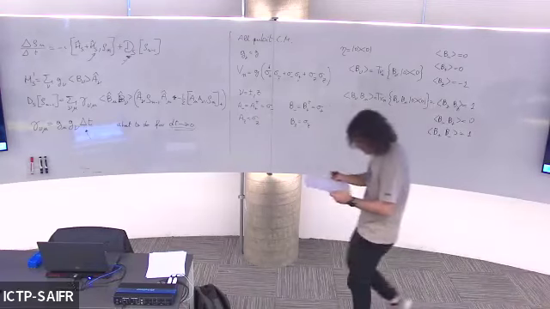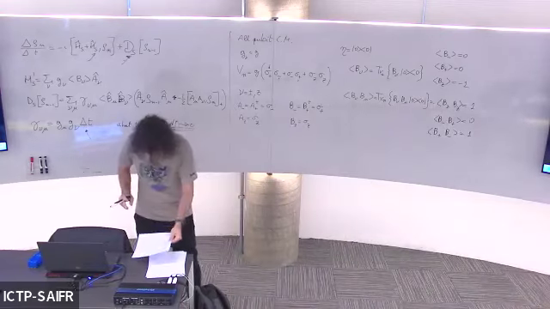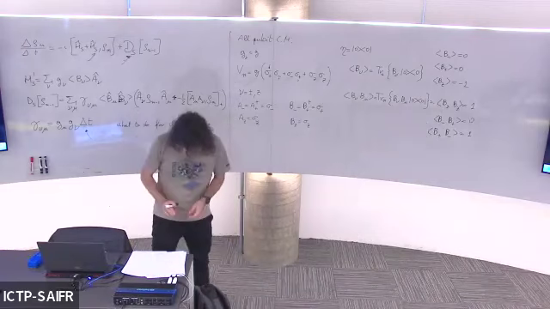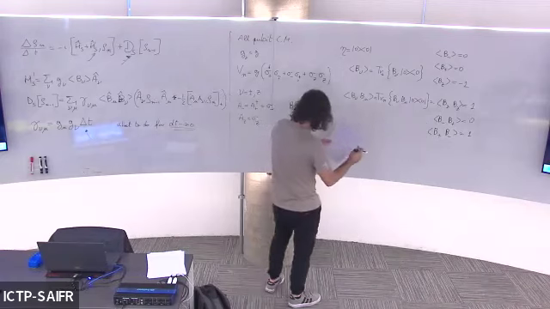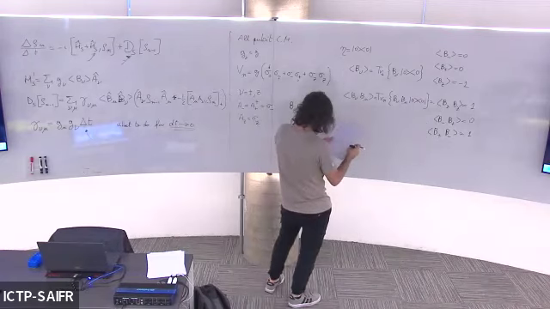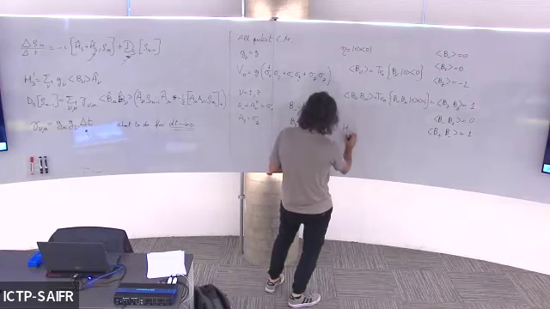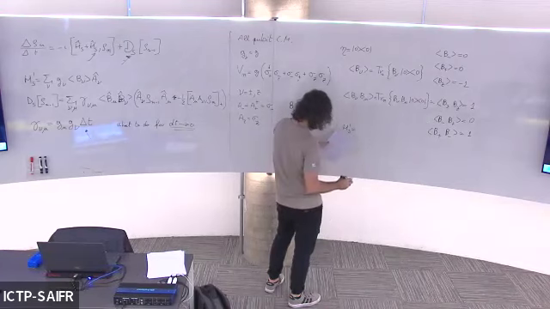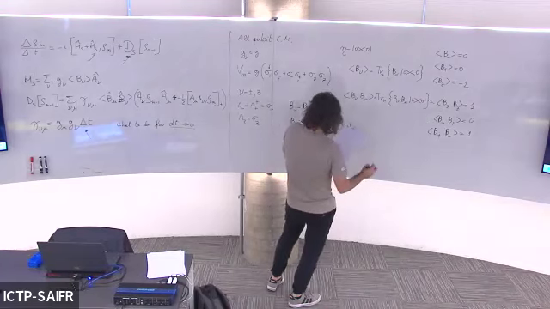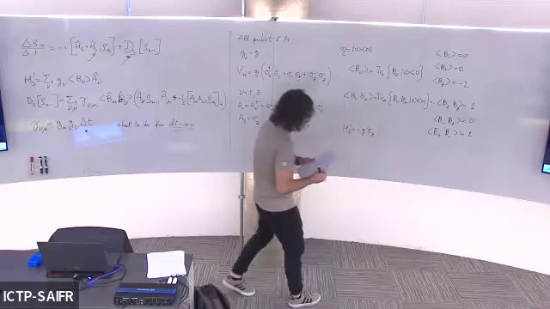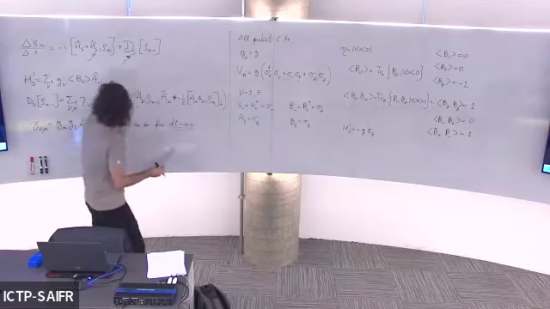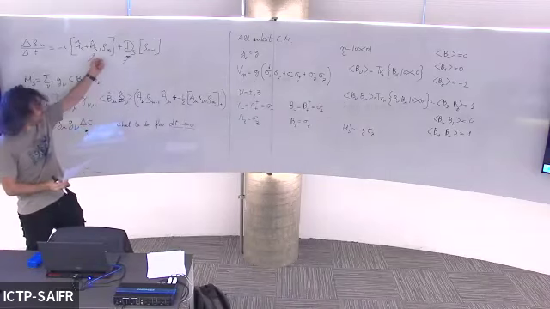Okay. So the final equation becomes, well, we can just compute. Let's say H_S prime in this case becomes minus g sigma z. So this is the deformation of the Hamiltonian part entering here.